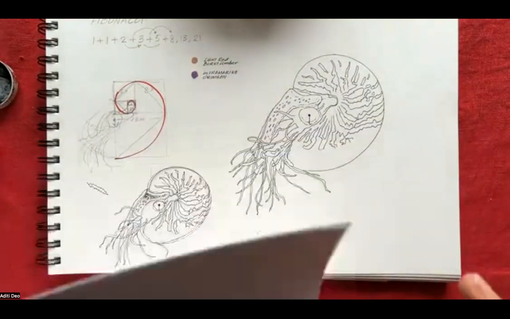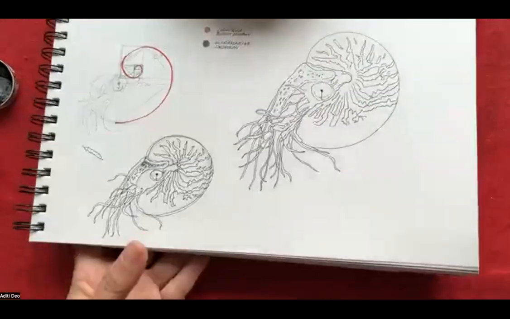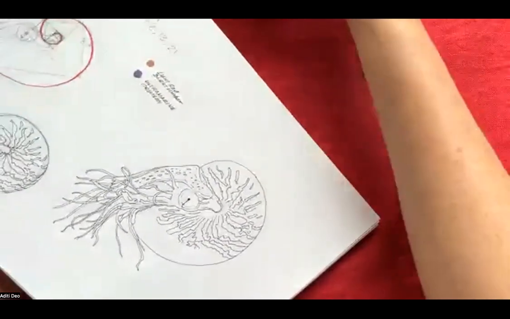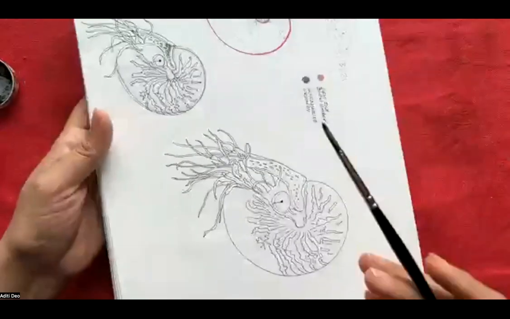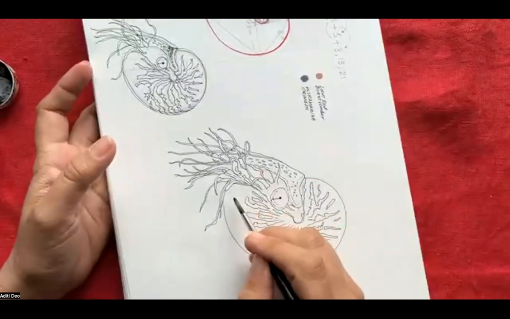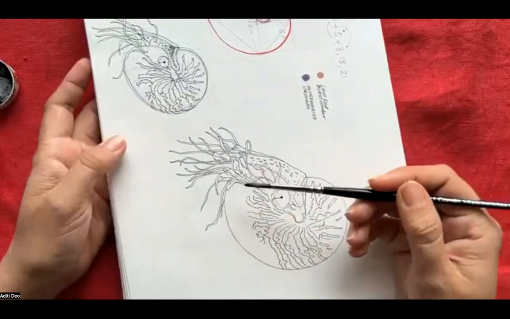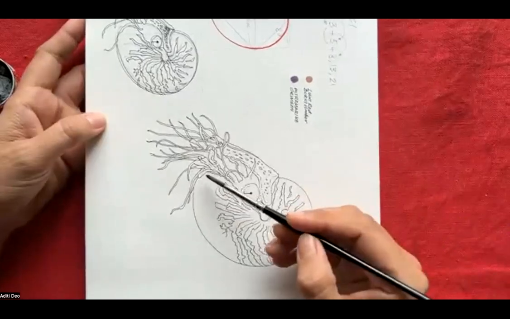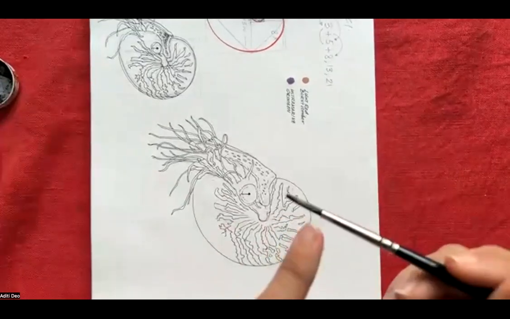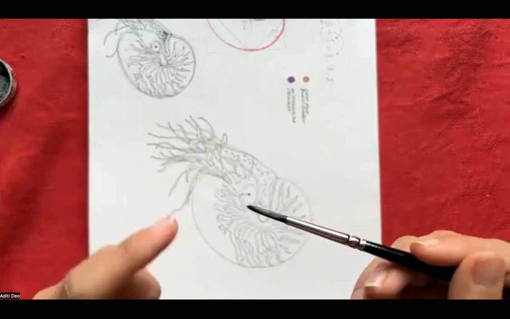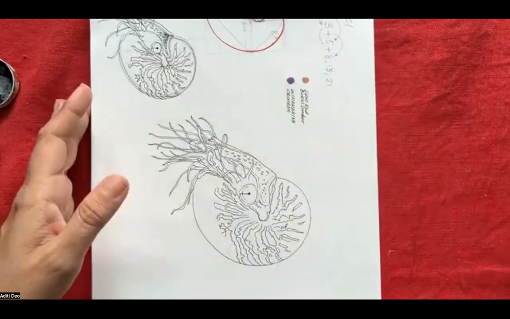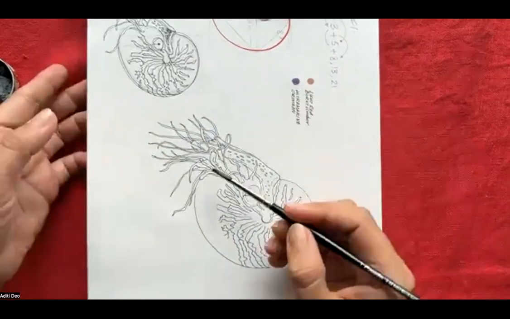And I want you to see how I apply this. I will not be applying it with the tip of my brush, but I will spread it out. My brush is very loaded. I don't know if you can see it. I've dipped in color and dipped in water.